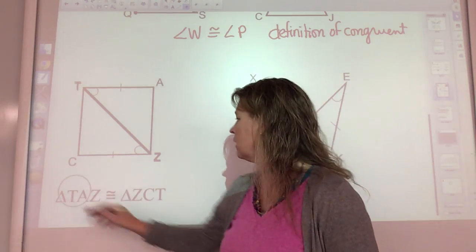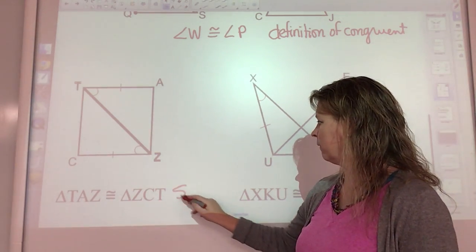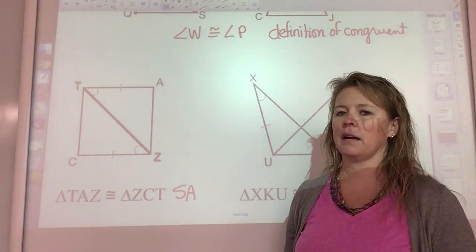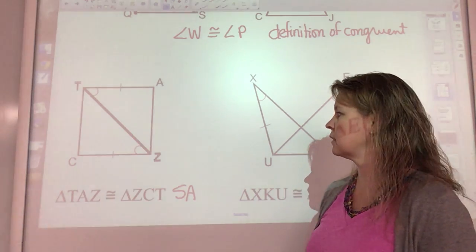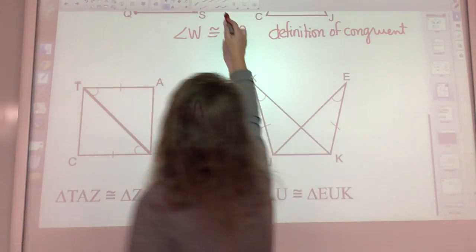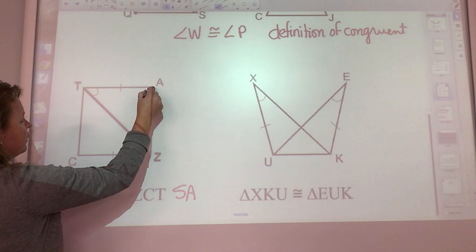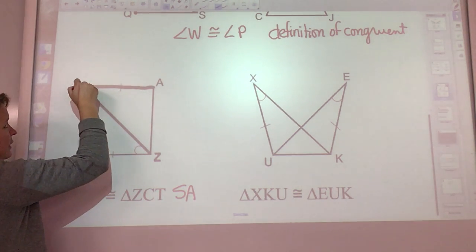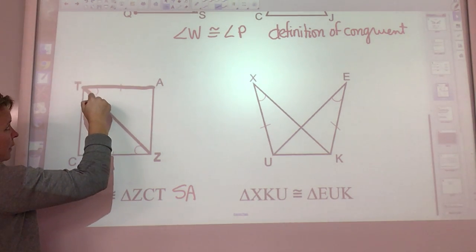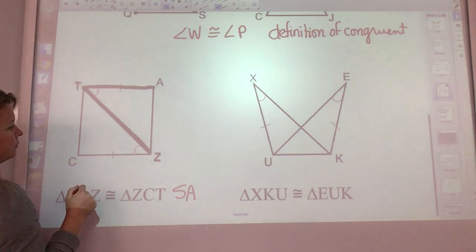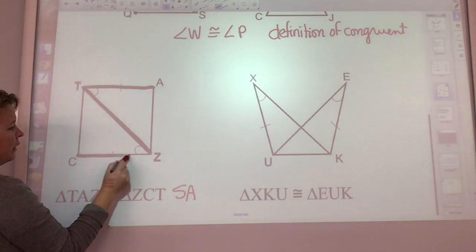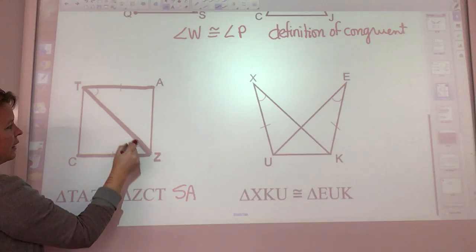We have side, angle, but we don't have side. We need side, angle, side. If you trace the side that you have, and you trace the angle that you have, it automatically tells you what side you're looking for. I already have this side. I'm forming this angle.